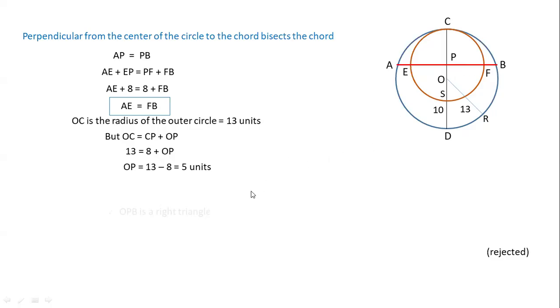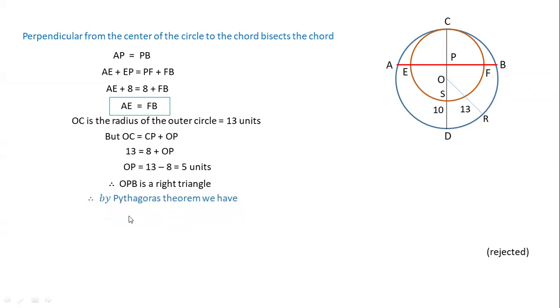How do you calculate? OPB is a right triangle because this is 90 degrees. When you say right angle triangle, the first thing that occurs to you is that the Pythagoras theorem can be applied.